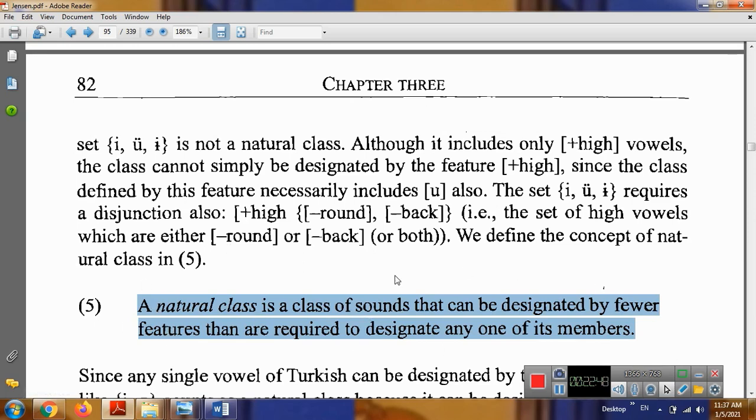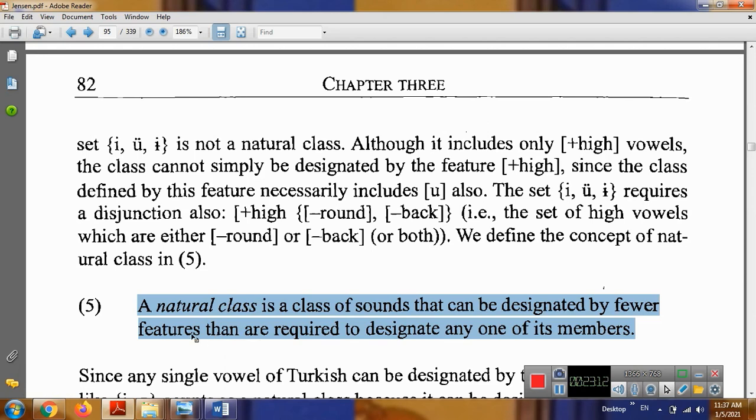A natural class is very important because when we want to introduce more vowels, we don't mention all of them. We introduce them by their features, by their natural class.